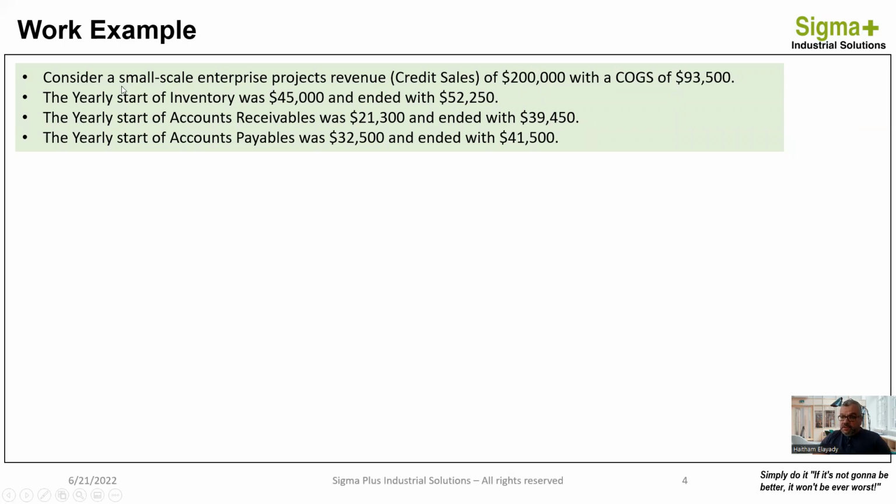$93,500. The yearly start of the inventory was $45,000 and ended with $52,250, which means that the value of the materials existing in the warehouses, the work in progress in the production lines, and the finished goods still kept in the company was $45,000 in the month of January.